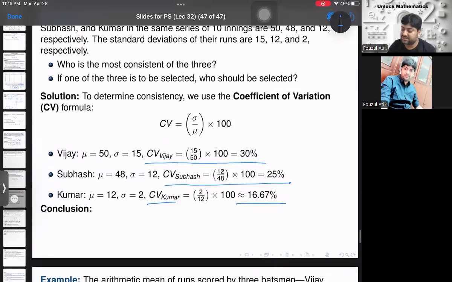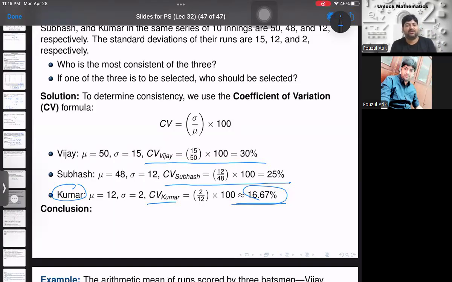Right? So who is the most consistent then? The one whose coefficient of variance is less. So therefore, Kumar is more consistent. But his run average is also less in the case of Kumar. Kumar is very consistent, but he used to score around 12 runs in each of the matches.